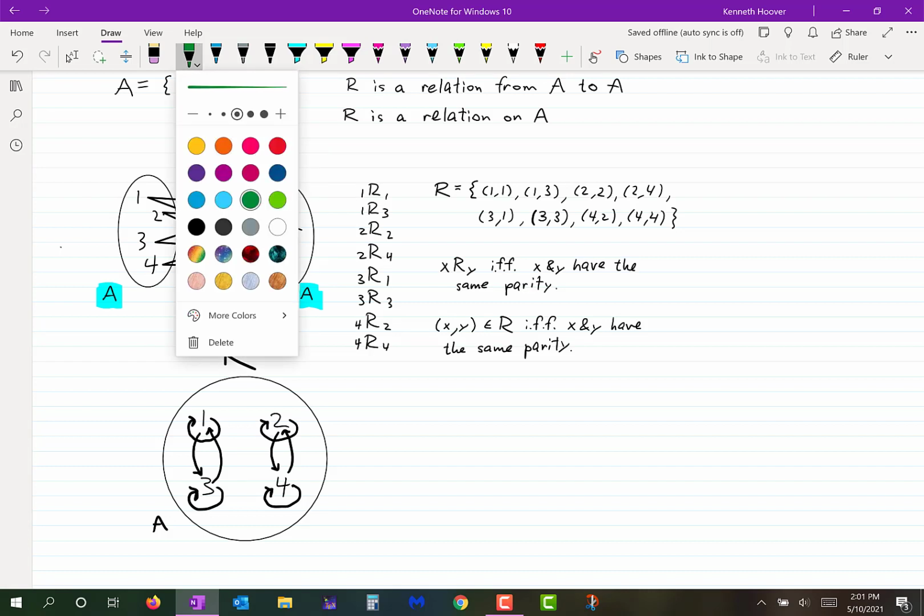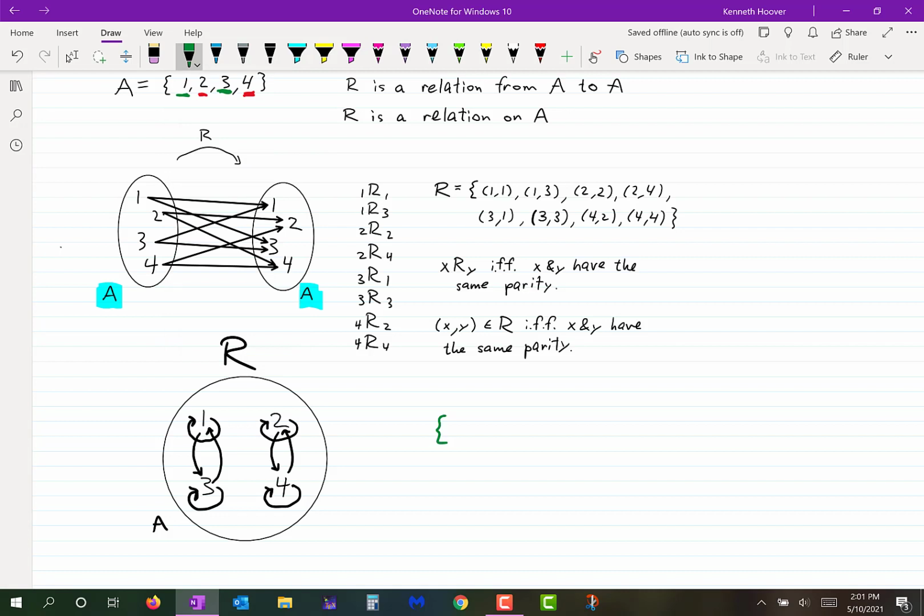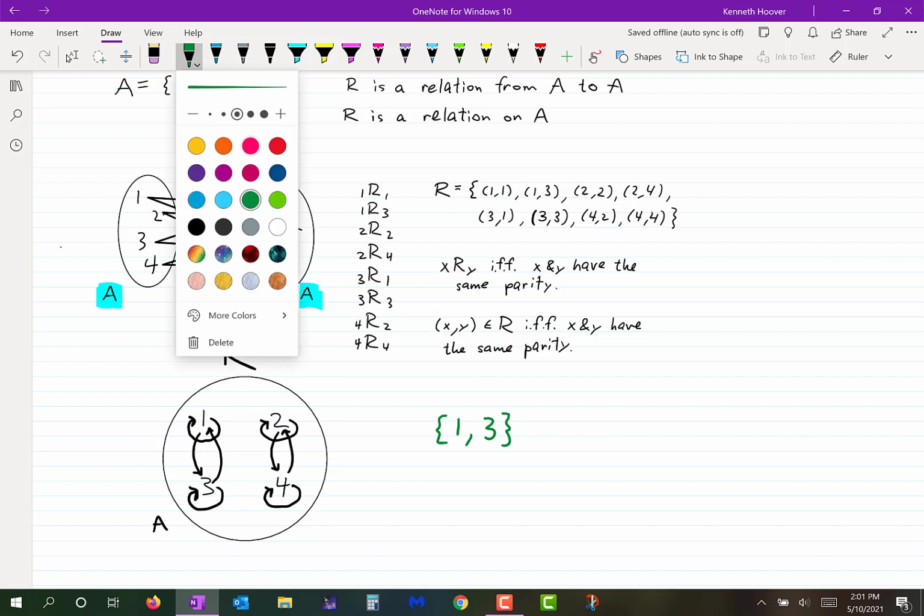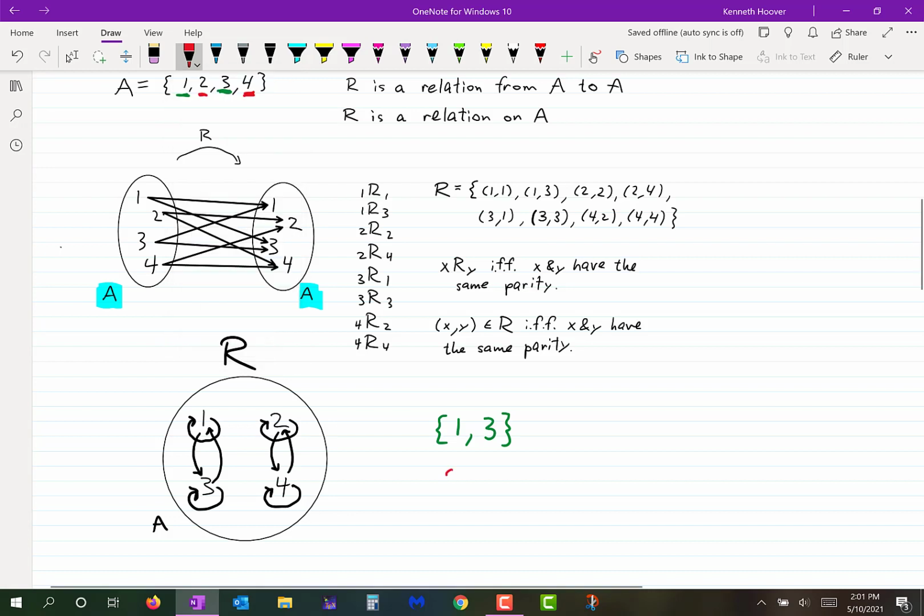The green subset consists of 1 and 3. The red subset consists of 2 and 4. When I say the word partition, what that means is that these two sets have nothing in common.